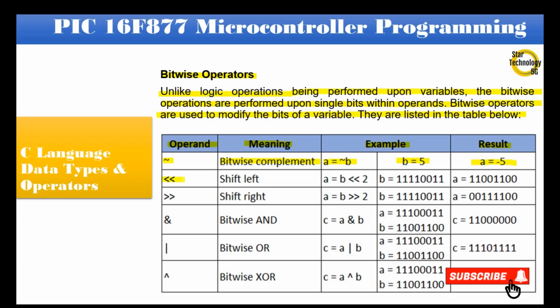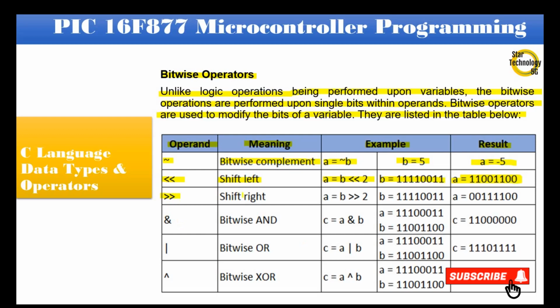Operand: left pointing mark, meaning shift left. Example: A equals B shift left by 2 bits. If B equals 11110011, it will shift the B left by 2 bits and save the data into A. Result is A equals 11001100.